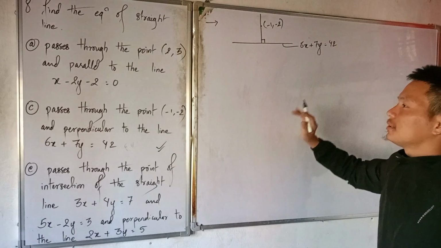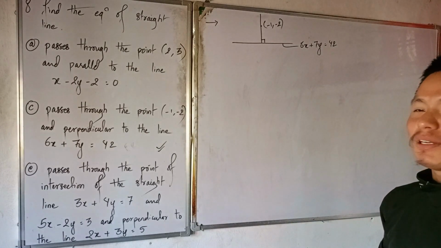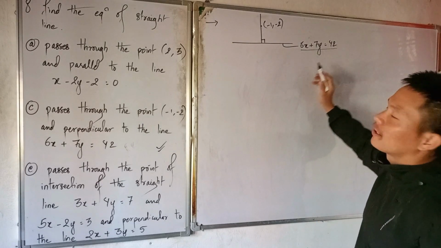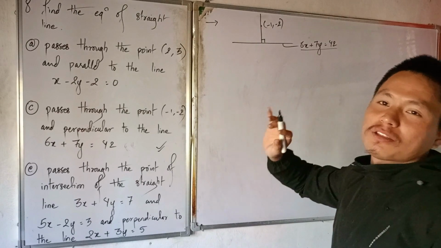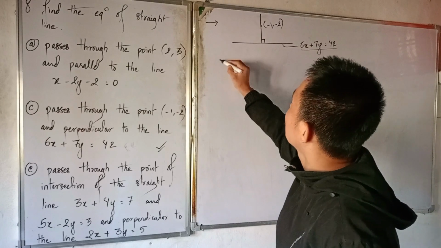The easiest way, as I explained, is to suppose the equation of the line perpendicular to this line, so that it is less time consuming. Let's move on to this.